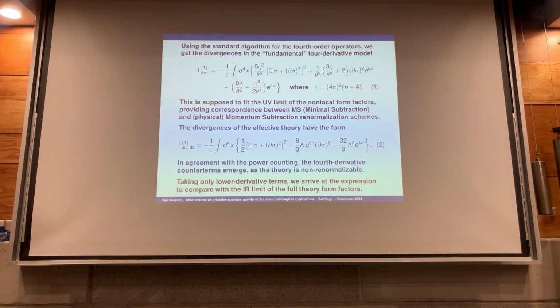Good. So calculating divergences in both theories is not difficult. This is the result for the fundamental theory, and this is the result for the effective theory. We note two details. First, both divergences are with four derivatives, because the theory is renormalizable.